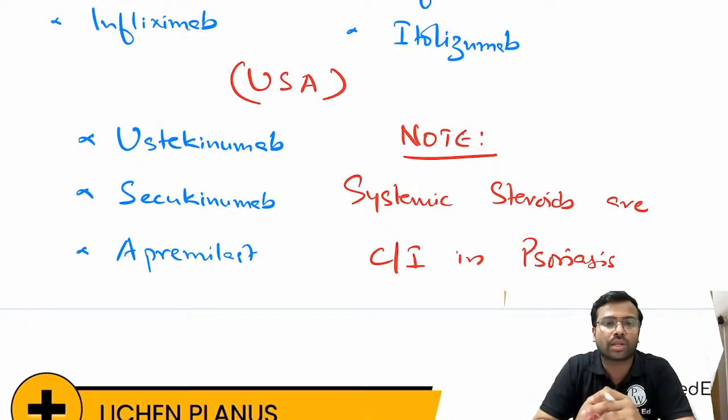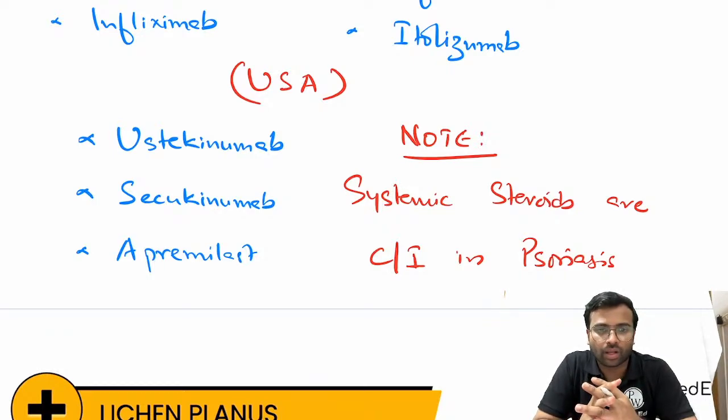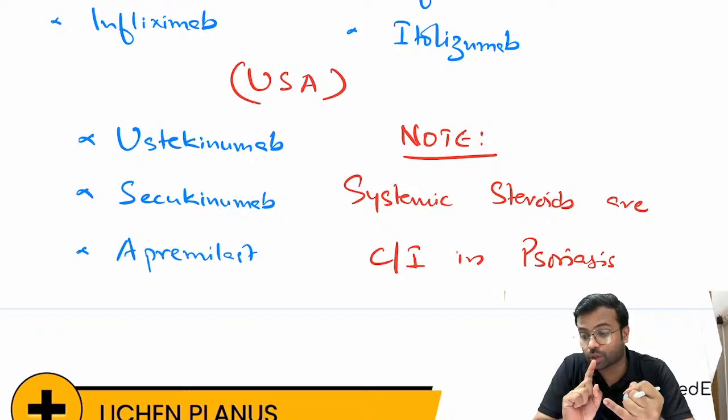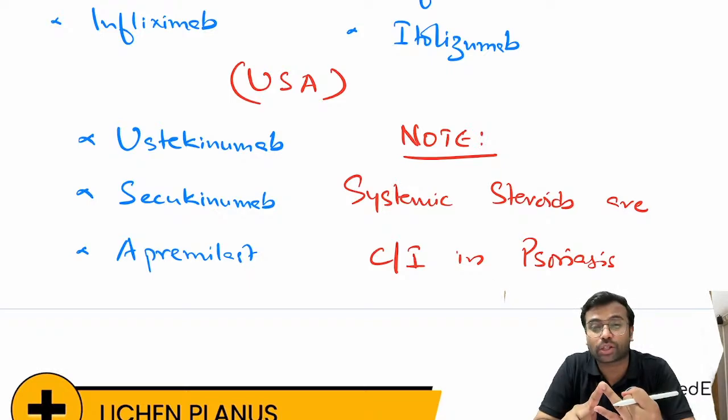Which systemic steroid names do you know? It can be prednisolone, dexamethasone, betamethasone. So if you take all these tablets, what will happen?